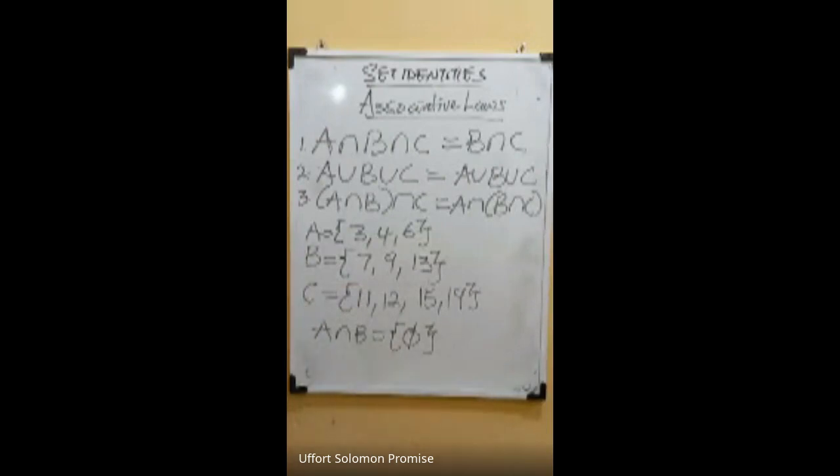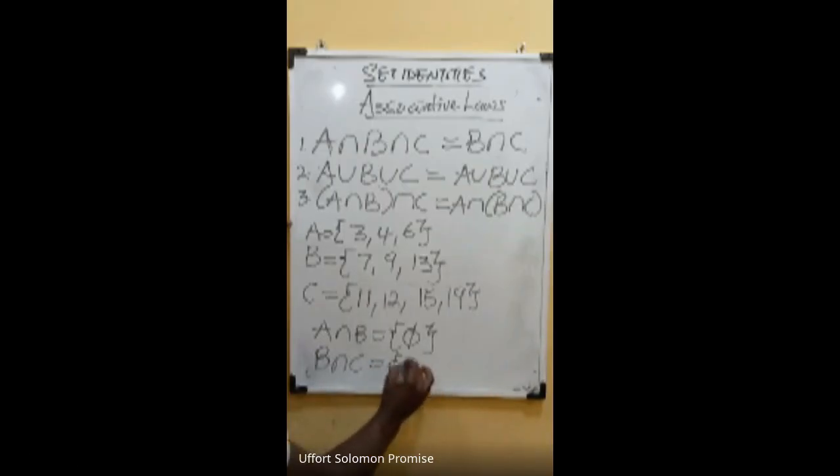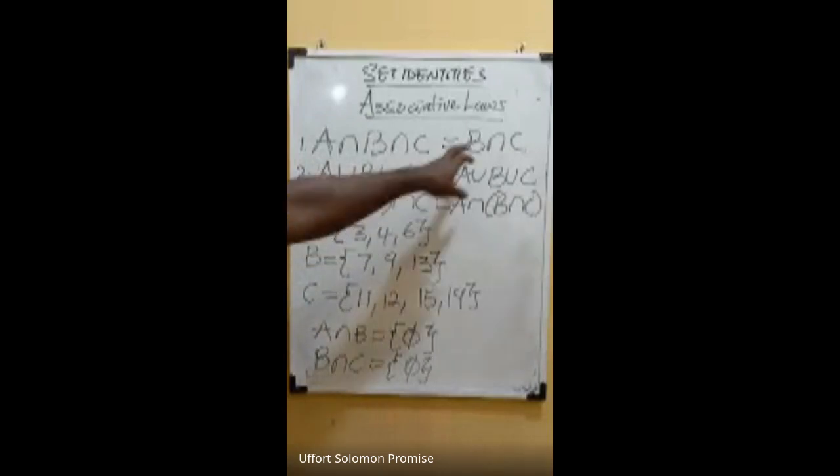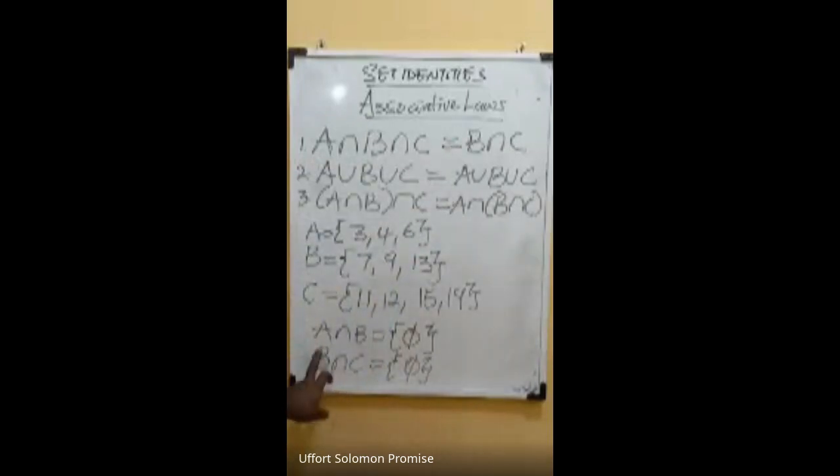Look at it very well. Still empty set, none. B intersection C is also empty.